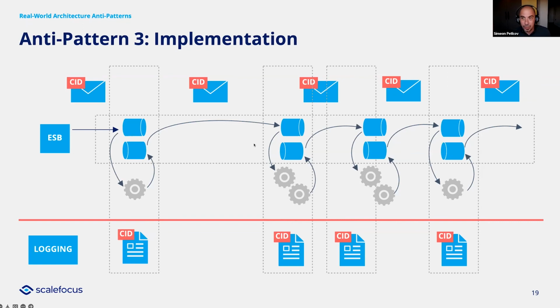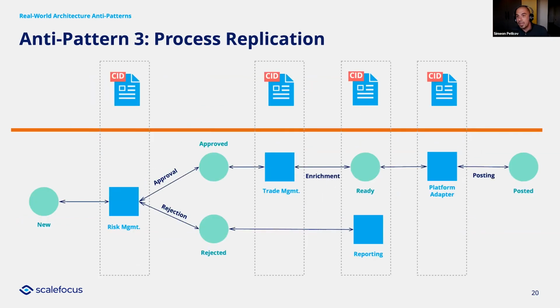The only thing that needs to be done to recreate the context is to actually log it. And then you can use whatever system you have at hand, which you will have at hand 100%, in order to recreate it visually or to put some alerting on top of it.